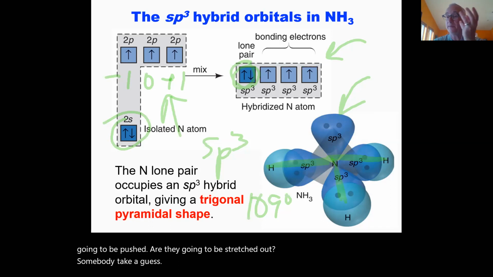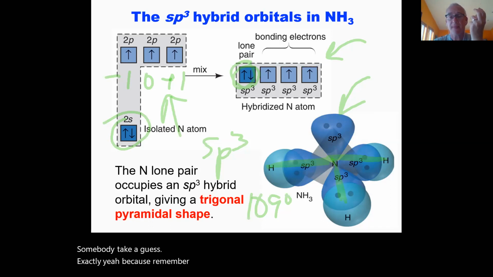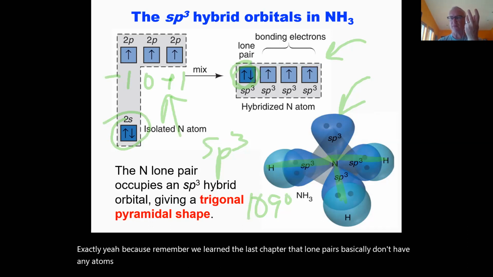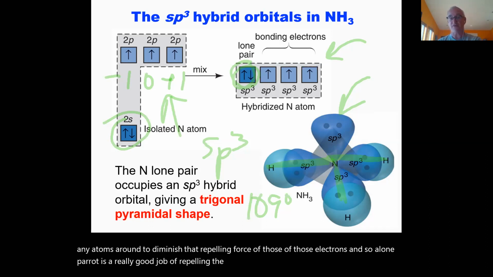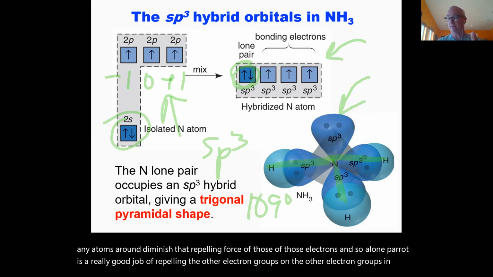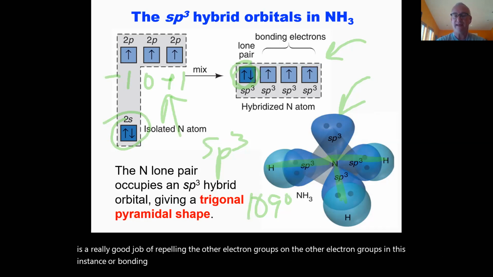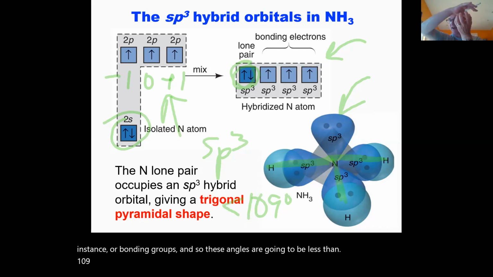Exactly. Yeah, because remember, we learned in the last chapter that lone pairs don't have any atoms around to diminish the repelling force of those electrons. And so a lone pair does a really good job of repelling the other electron groups. And the other electron groups in this instance are bonding groups. And so these angles are going to be less than 109. So it starts at 109.